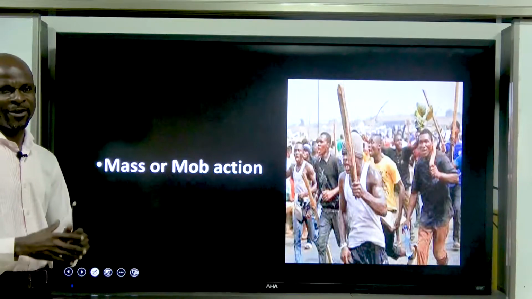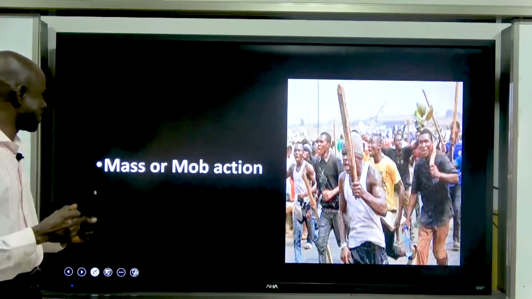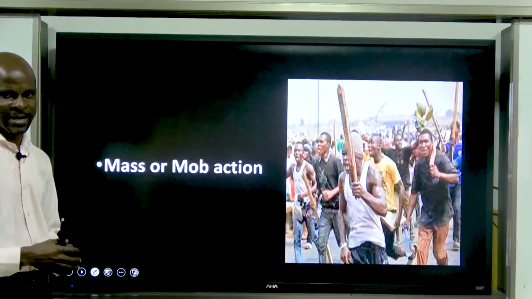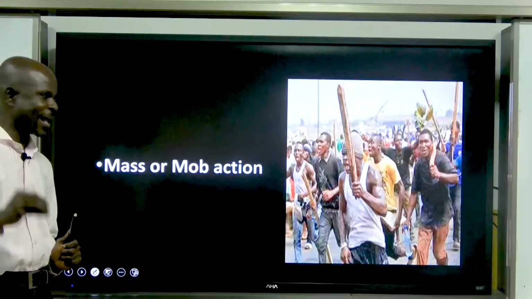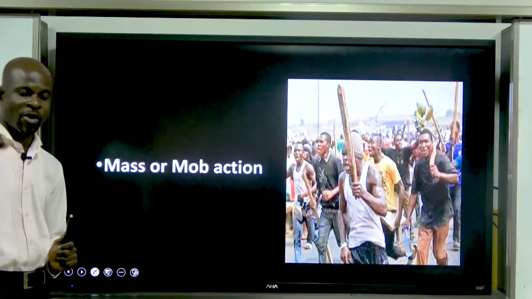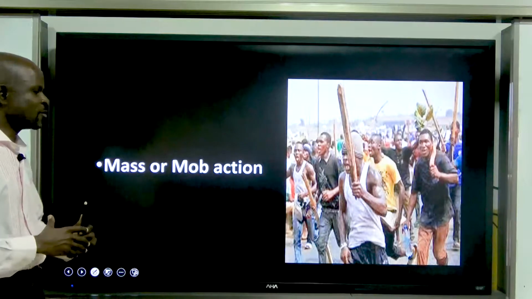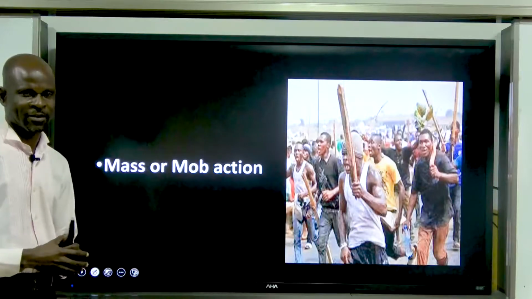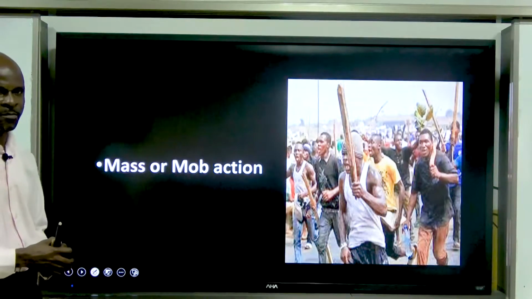A mob is an unorganized set of people carrying out a particular task in an unorganized manner. When they do this, they are virtually uncontrollable. Somebody will suggest something in such a mob and everybody will follow without asking questions. It is a group behavior, mass or mob action.